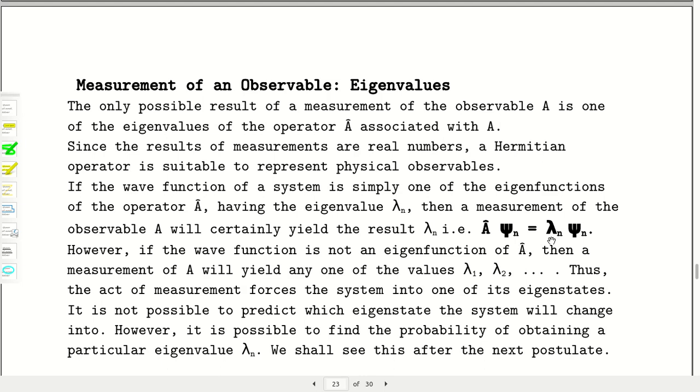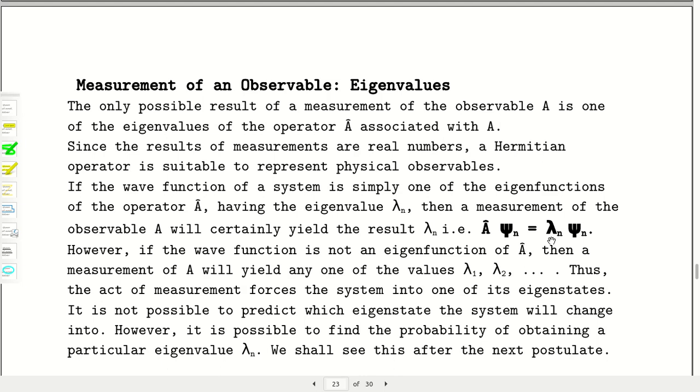But if you do a measurement, then you will surely get a particular eigenvalue, lambda n. So how has this been done?